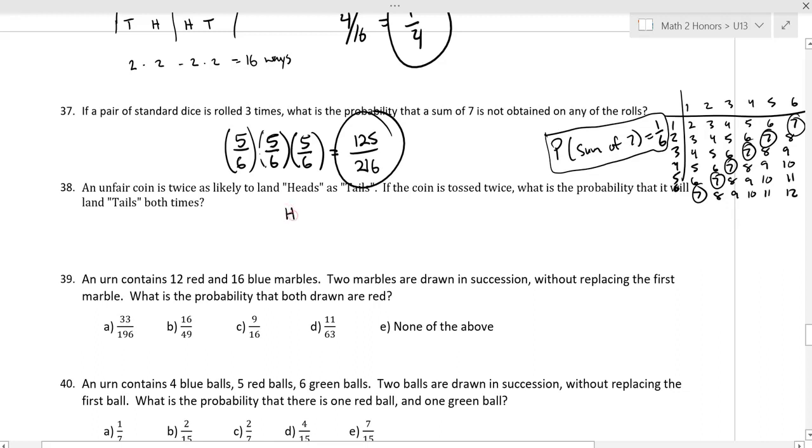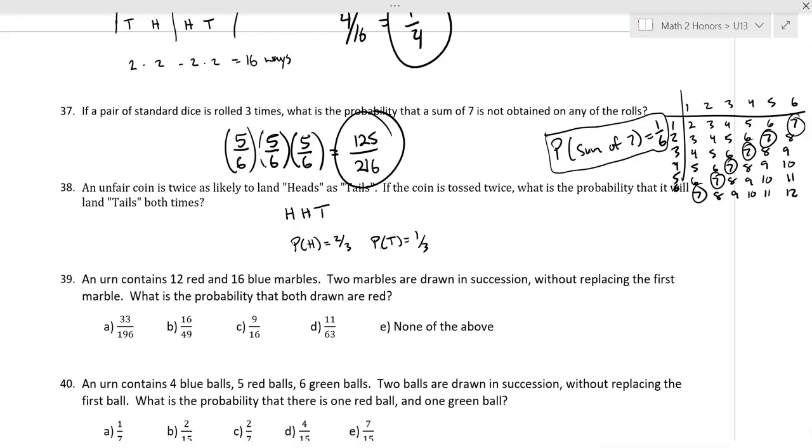So when I flip a coin, heads is twice as likely as tails, right? The probability of heads is 2/3, where the probability of tails would be 1/3.